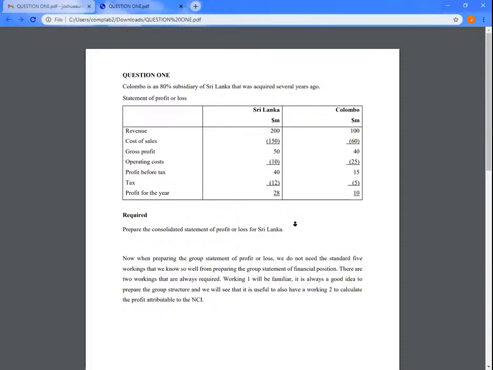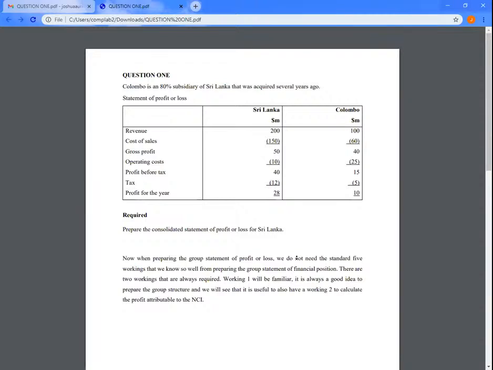Now, the most important thing you're supposed to know here is that when preparing the group statement of profit or loss, we do not need the standard 5 workings that we know so well from preparing the group statement of financial position. Remember the 5 workings, what we call the big 5. The lion, the biggest animal of them all, is working number 1, the group structure.